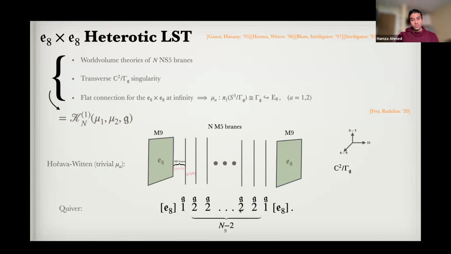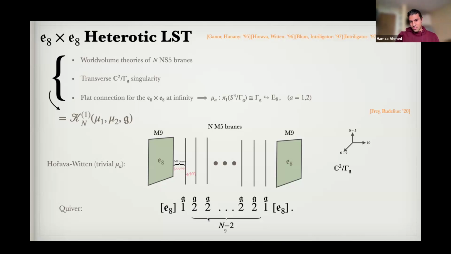And in the quiver notation that I introduced earlier, you can see these E8 factors. These are the flavor symmetries, and then you have these gauge algebras G here, and there's some matter in between them, which can be perturbative or non-perturbative.